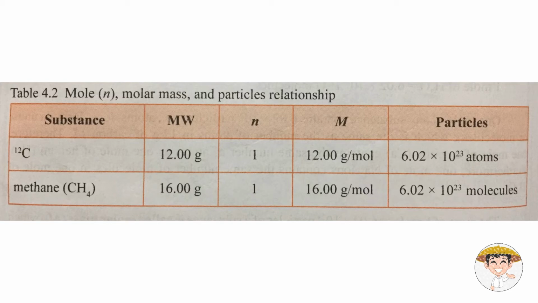How many atoms are present in carbon? We have 1. How about hydrogen? We have 4, indicated as H4. So the subscript indicates the number of atoms of that element. Now you already know their number of atoms just by looking at the chemical formula.